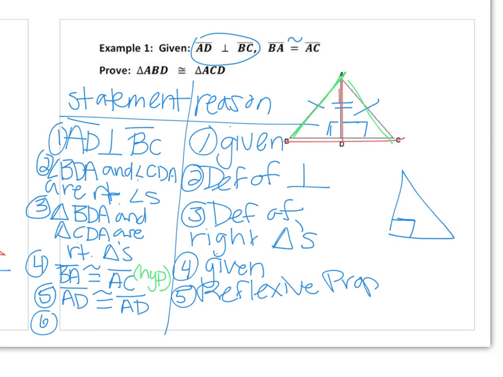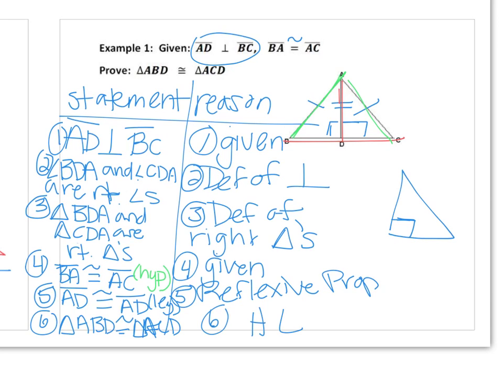All right, so for 6, the triangles are congruent because of hypotenuse, and then here was my leg, so HL. All right, let's look at another one.